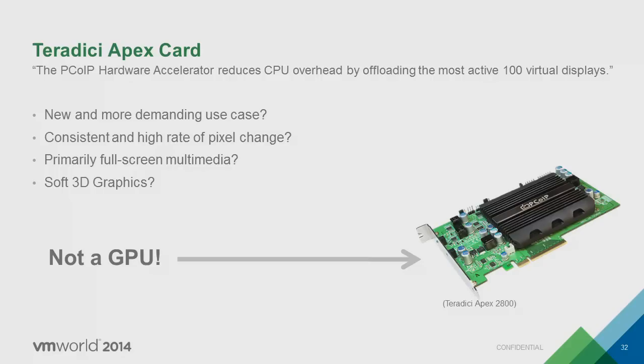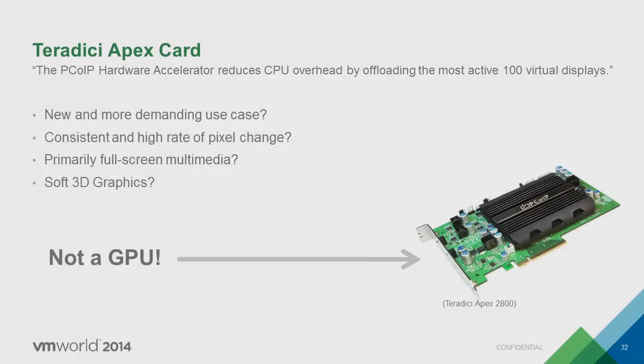So that month, every user gets an email with a video attached and everyone starts to play this video. Now, playing a video within PCoIP will cause a lot of additional bandwidth. And with that additional bandwidth, it will cause a lot of additional CPU usage within the virtual machine because the PCoIP process will require it to send a lot more data down to the endpoint. So if you had just one user doing it, you probably wouldn't notice it. But if you have 1,000 users doing it, or 10,000 users all doing this at the same time, ultimately it's going to affect your ESXi host and probably make it to the point where it's over-contended.